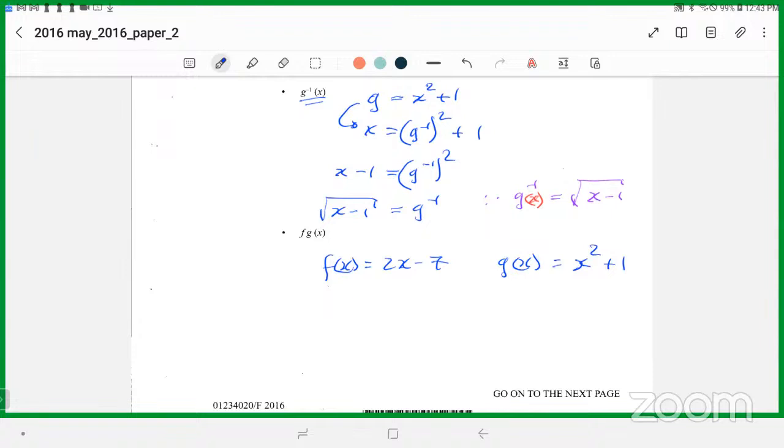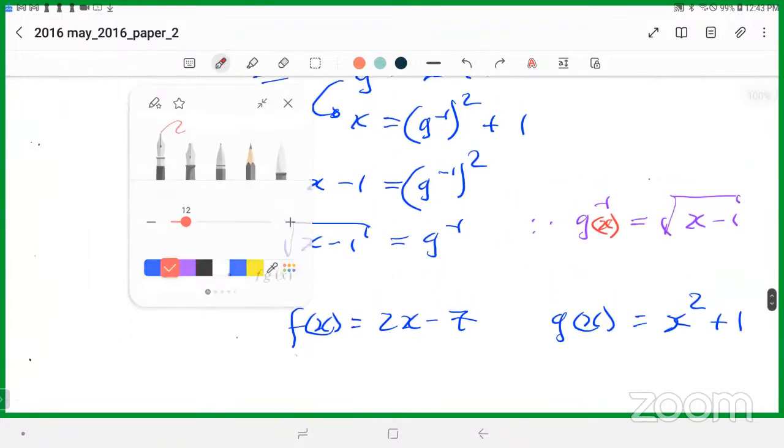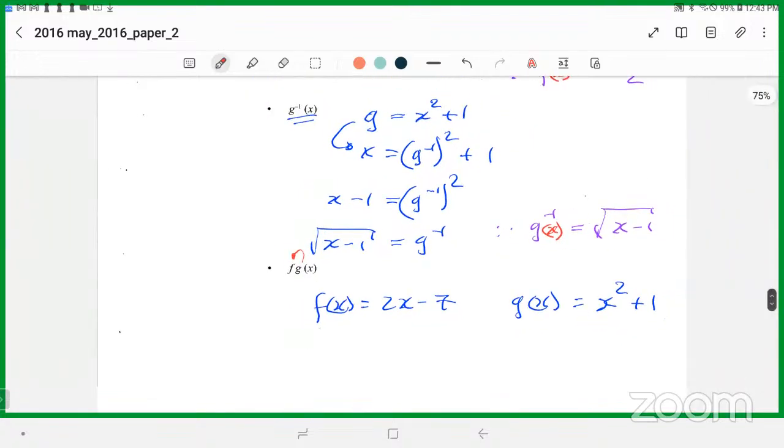You want f of g. How you form f of g is to put the g into the f. I'm going to take all of the g, move it and put it into the f where the x is. That's how you put one function into another.